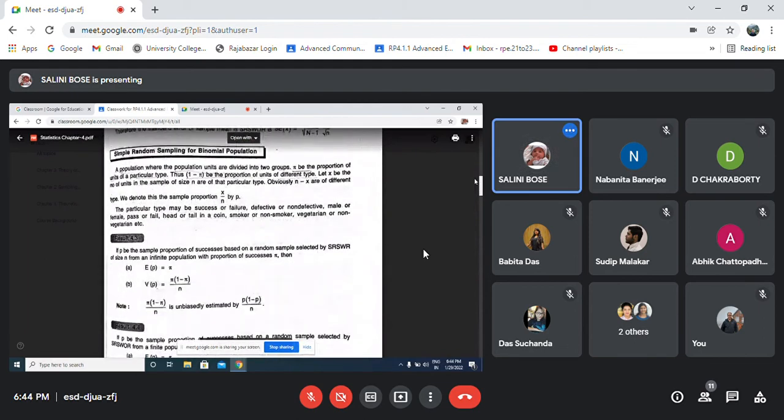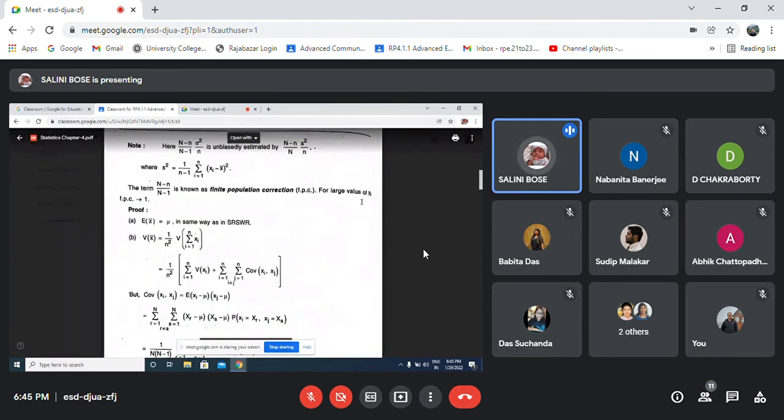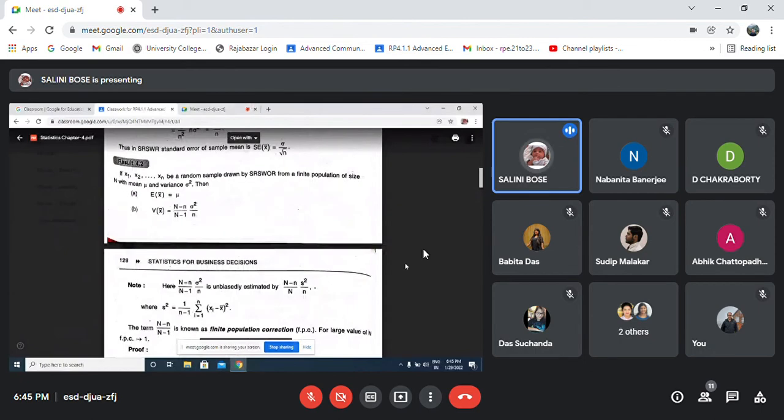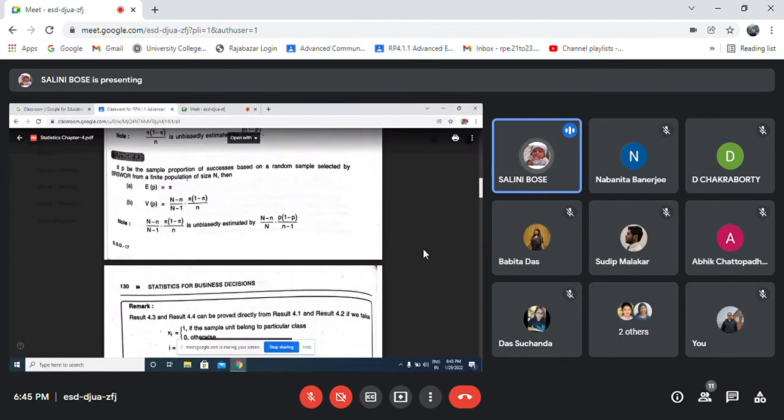Here, I remembered. Look, for binomial population, remember: expected value of p equal to pi. What does expected value of p mean? We said p means x by n, the sample proportion. Then the variance of p equals pi into 1 minus pi by n. By following the formula x bar minus mu by standard deviation, we can write this formula like this.